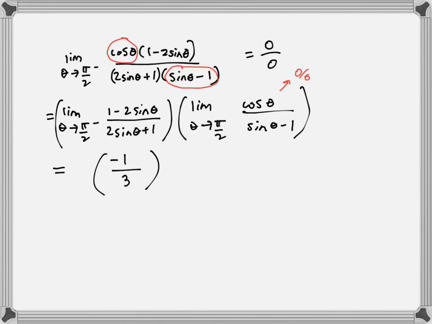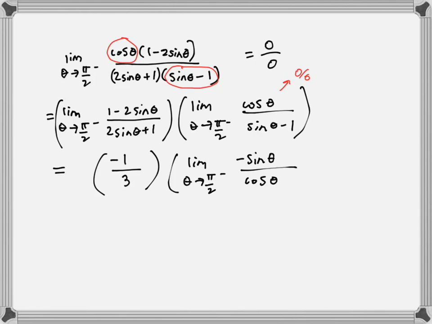So what is this going to equal with L'Hopital's rule? The derivative of the top is negative sine theta, and the derivative of the bottom is cosine theta, right? So what does this give you? Well, if you plug in pi over 2 from the left, we recognize this is tangent. We know this shoots up to infinity.